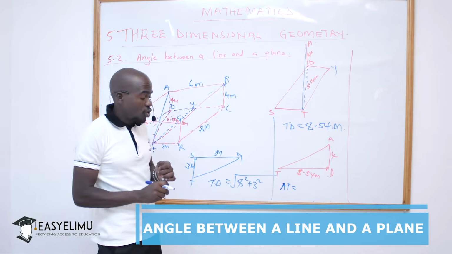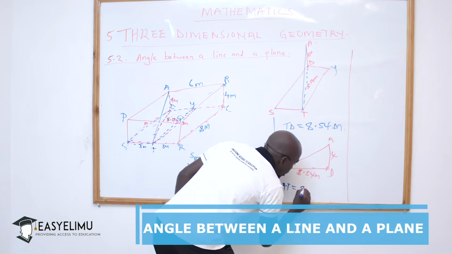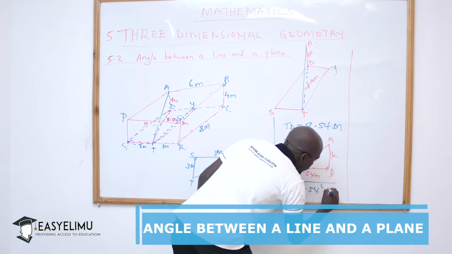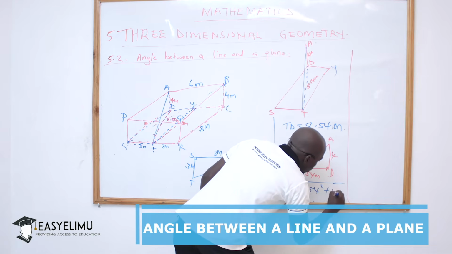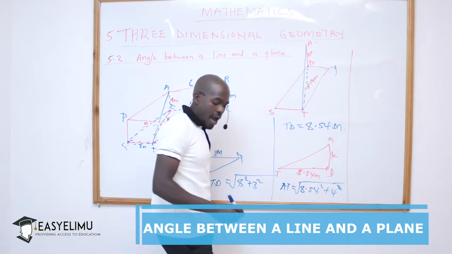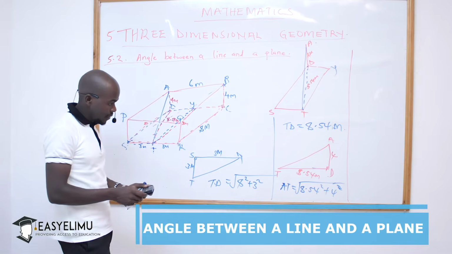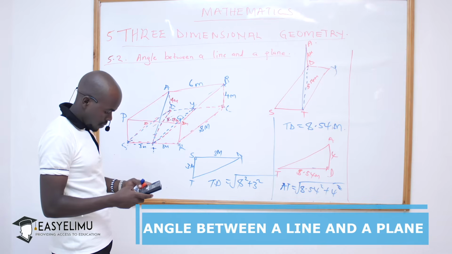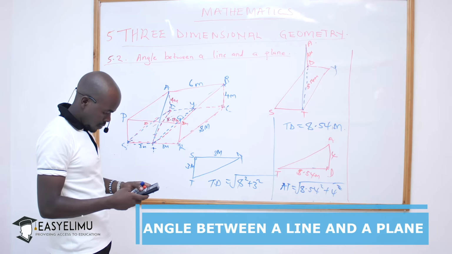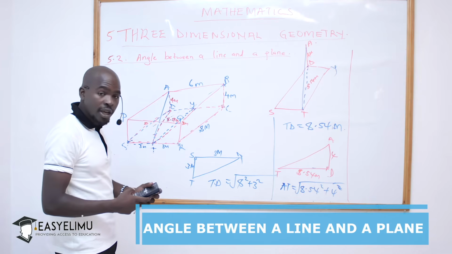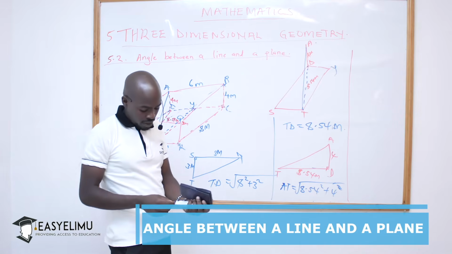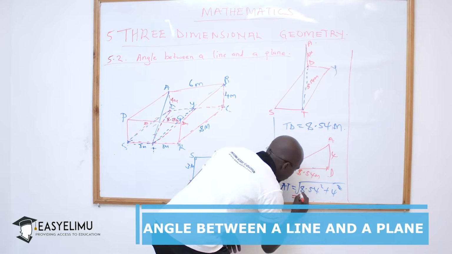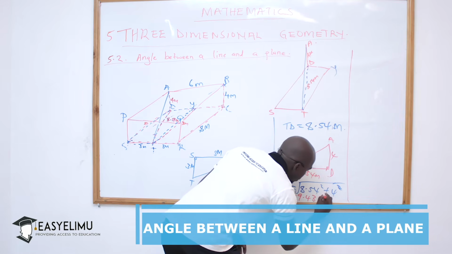We take 8.54 squared, add 4 squared, and find the square root of the sum, and that one we shall get 9.43 meters.